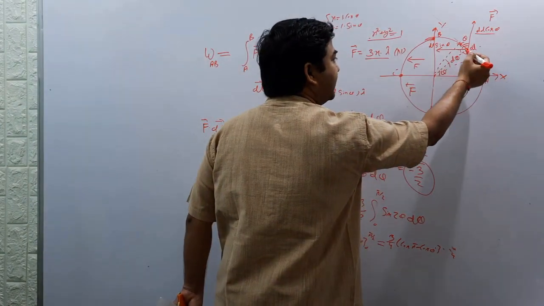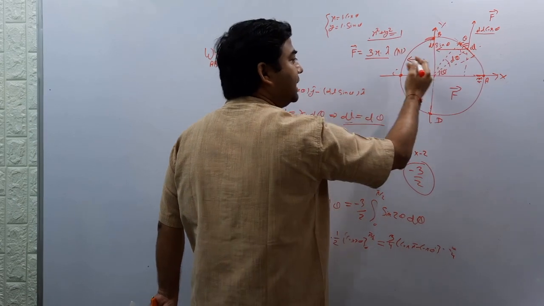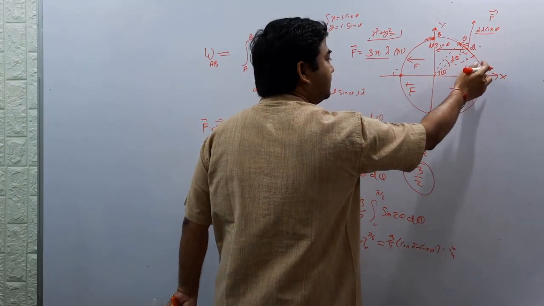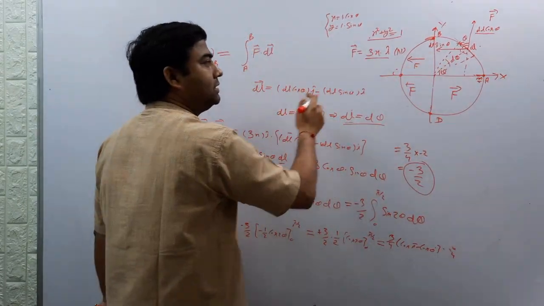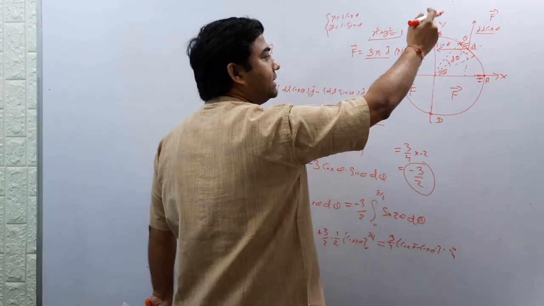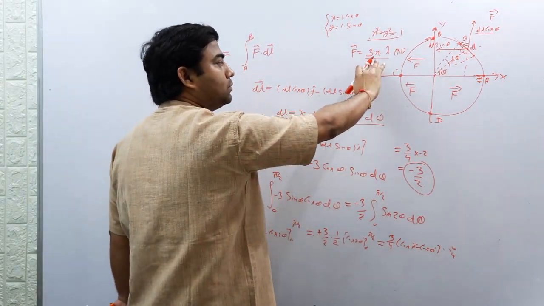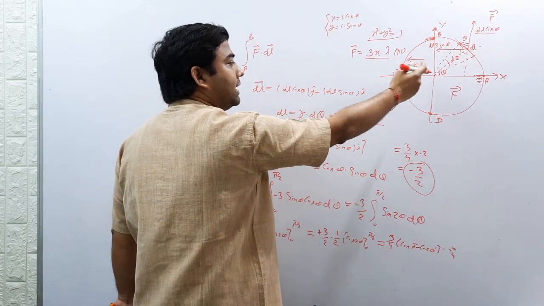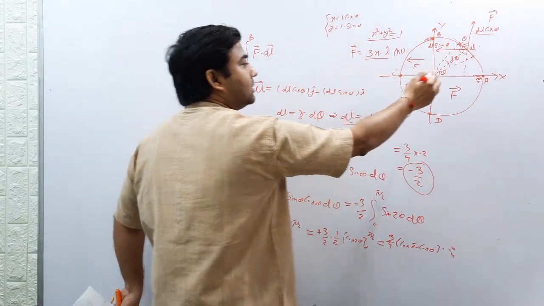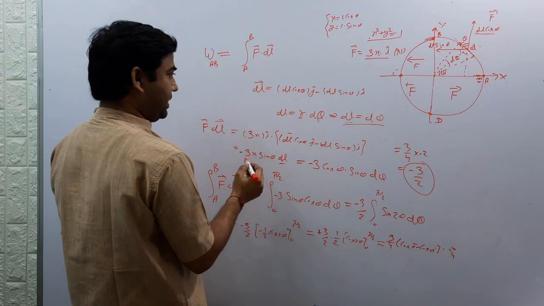For different segments, you will find different dl. For all dl, the displacement vector is in negative x direction and vertical direction. The vertical direction will have 0 dot product with this, and the horizontal component is in the negative direction, that is minus.